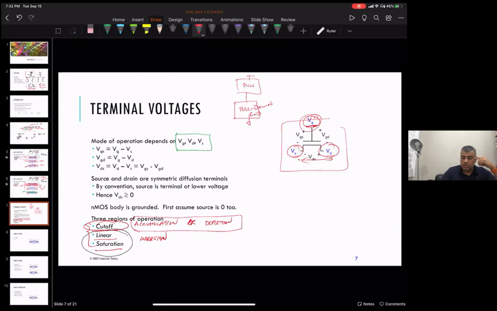But when the transistor is on, it could be in either linear or saturation mode, and we'll define what those are depending on VGS, VDS, and threshold voltage.